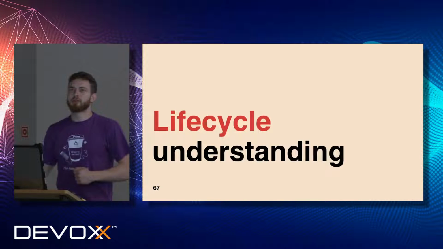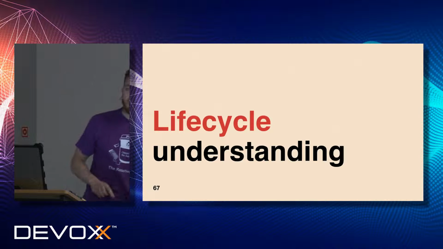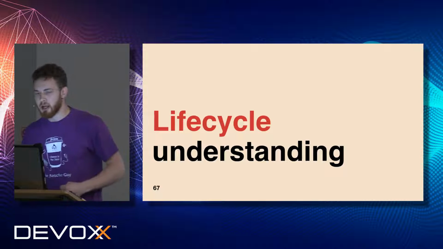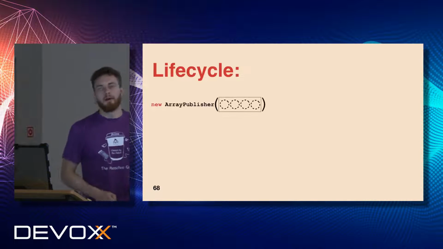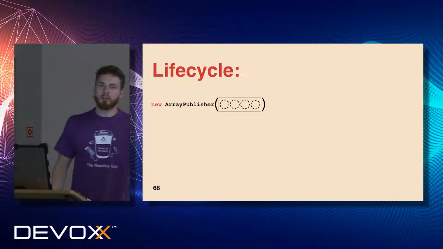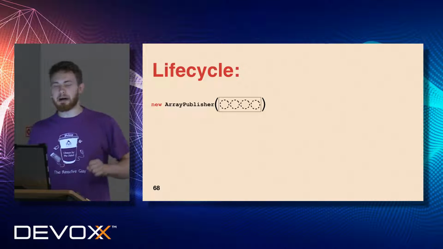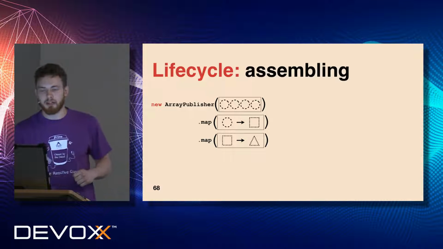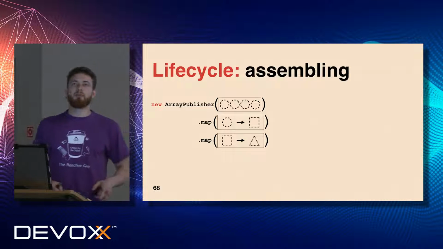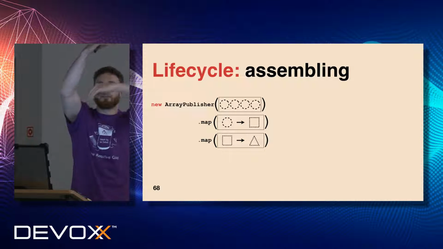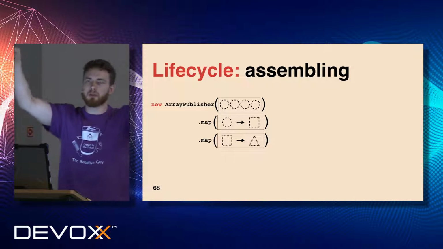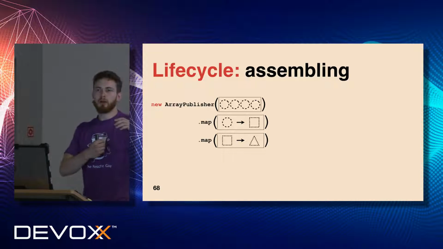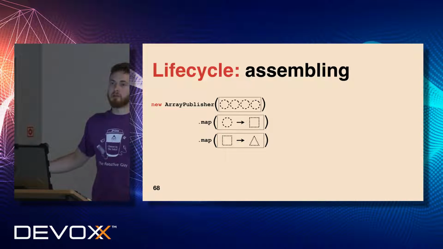So in order to start our journey to the operators world, we have to understand the life cycle of reactive streams. This is an important point. So let's take a look at the plain execution flow. Just imagine that we created our first step as array publisher, but now we want to create a map, another map or filter, it doesn't matter. But the most important part: when we start chaining our operators, when we created a source, then we added map, then we added map, then we added filter, we don't do any data processing so far, right?